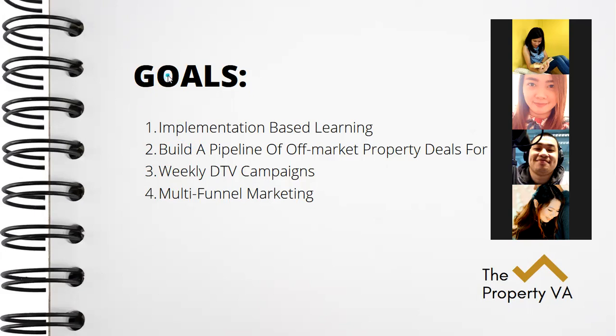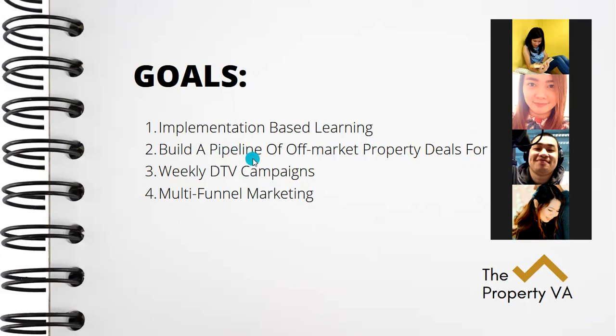Of course, it's limited to when your client is actually ready to use these steps. But I do encourage that even when your client's not ready, you just give it a go and try it out for yourselves. And number two, the goal is that we build a pipeline of off-market property deals for our clients.